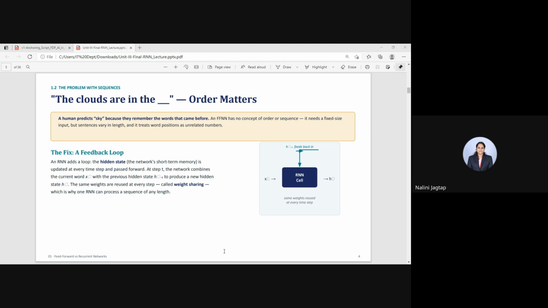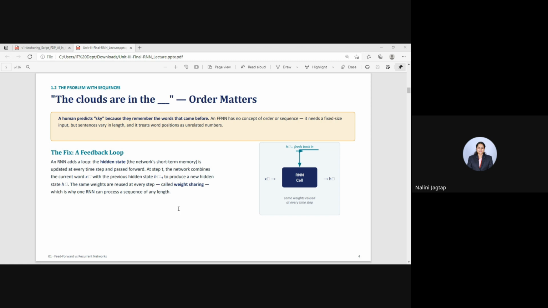So again, as a conclusion line, what we would like to say is that a recurrent neural network solves this by introducing a feedback loop. The network maintains a hidden state. Think of it as the network's short-term memory, which gets updated at every time step and is passed forward to influence the processing of the next input.